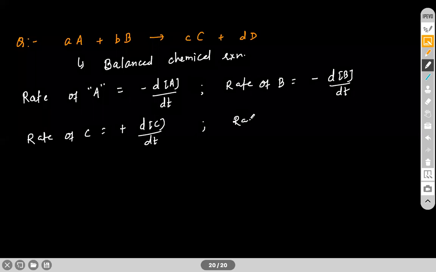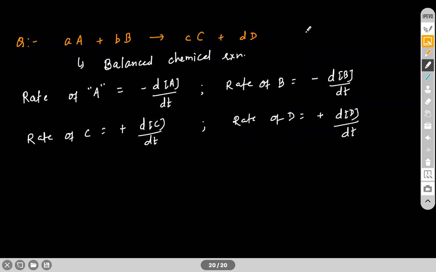Rate of D: plus the concentration of D by dt. Why am I writing it down? Because it has nothing to do with the stoichiometric coefficient. Just the rate of reactant is minus the concentration of reactant by time, whatever the stoichiometric coefficient is. The expression is always this because it is independent of the stoichiometric coefficient.